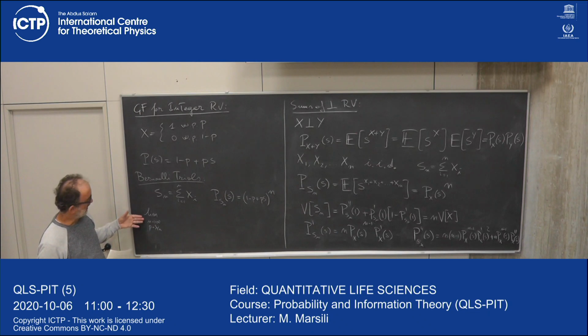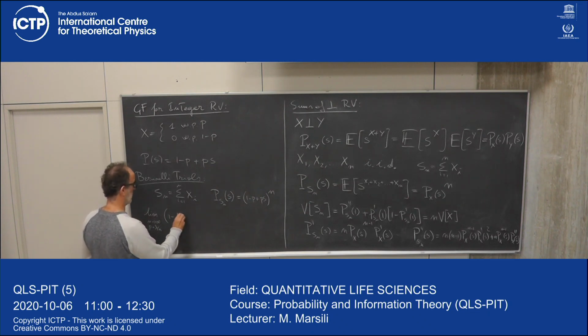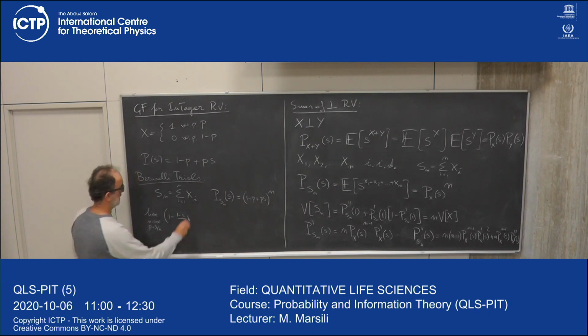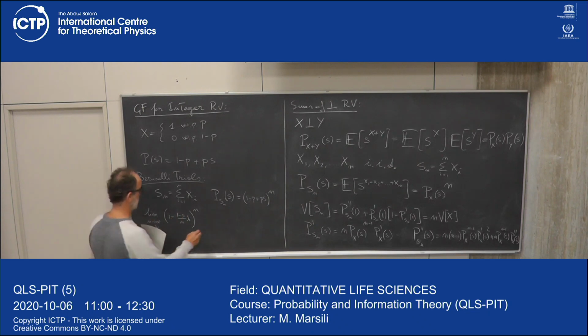As we said, in this limit, the binomial distribution should converge to the Poisson distribution. Okay, so indeed, if you do this limit, you can write this expression in this form, and you see immediately that this limit just gives you the exponential.